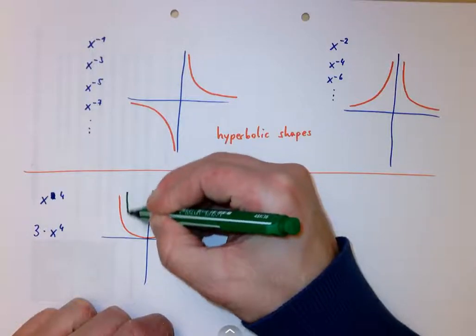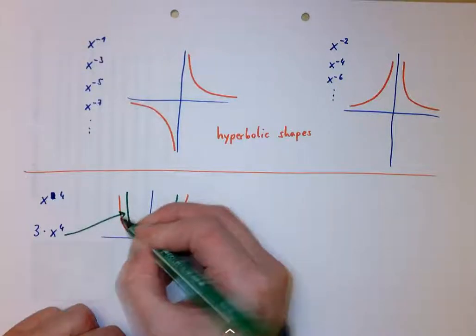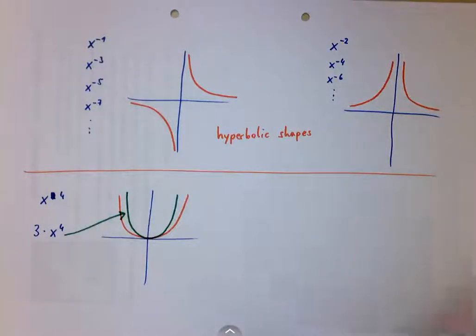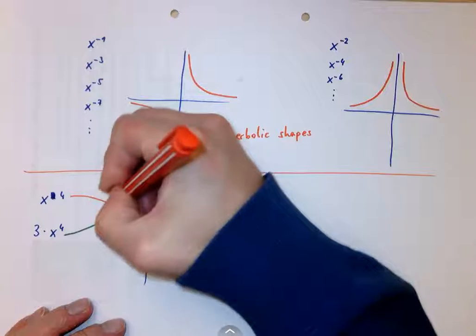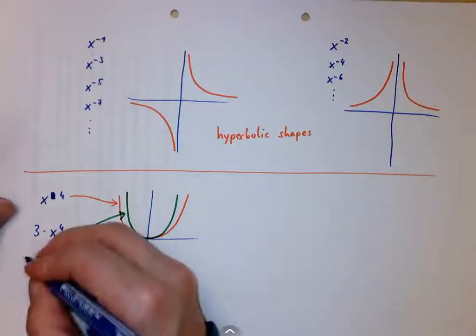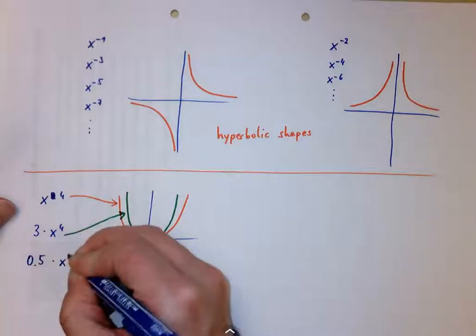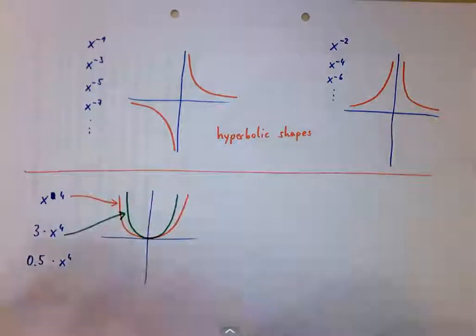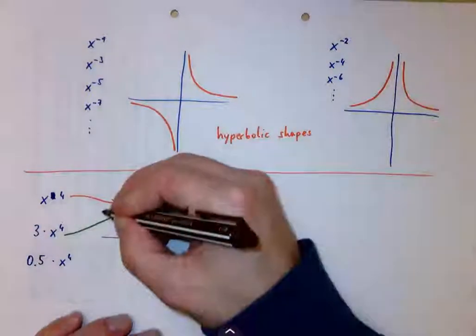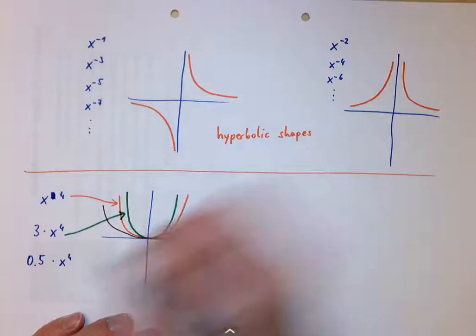So it could look like this. On the other hand, if you used a factor like 0.5 times x to the 4th power, then you would end up with a shape which is less steep.